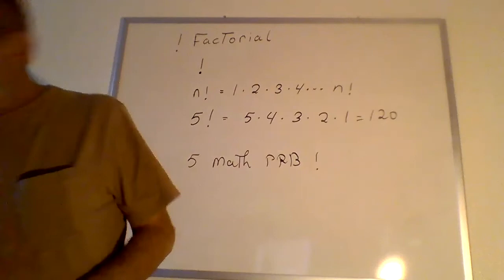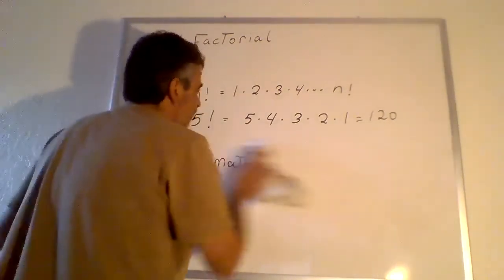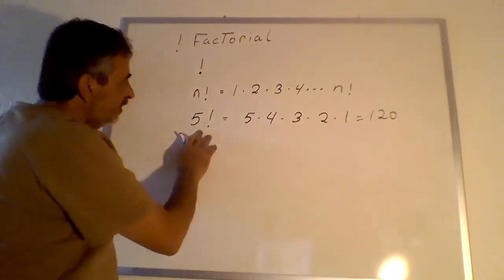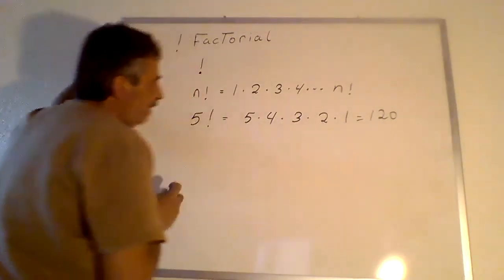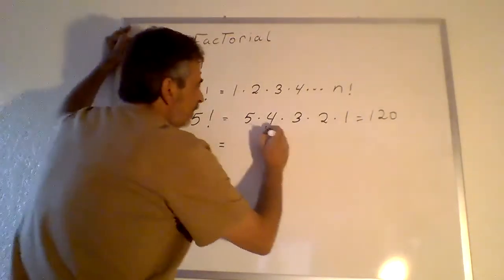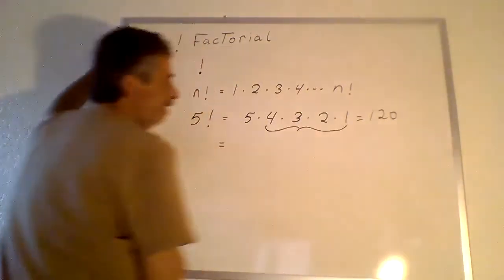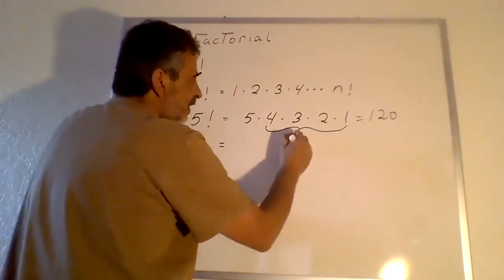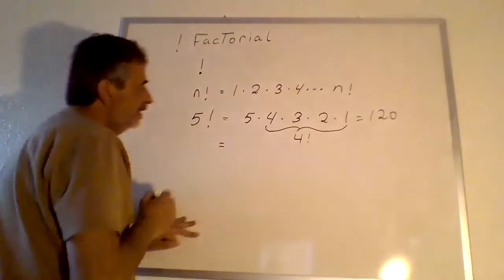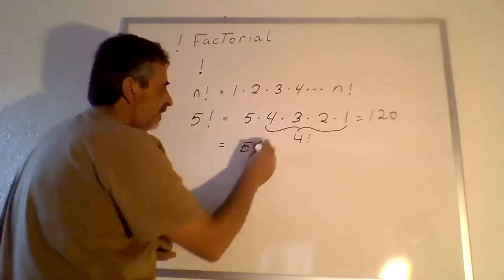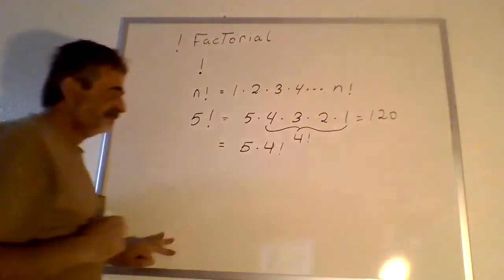Also note, since 5 factorial is equal to all of this, we can also rewrite this as, since 4 times 3 times 2 times 1 is 4 factorial, 5 times 4 factorial.